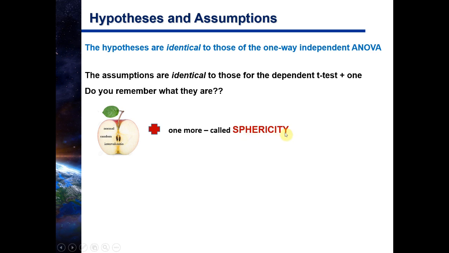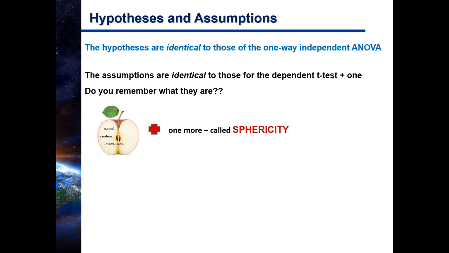Now, unlike HOV, homogeneity of variance, where I explained what the assumption was, I'm not going to explain what the assumption is for sphericity. It is not worth the time it would take to explain it. What is most important at this level is that you understand that you want to have sphericity.